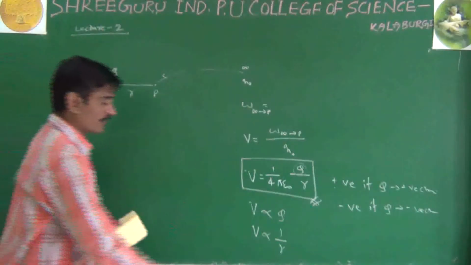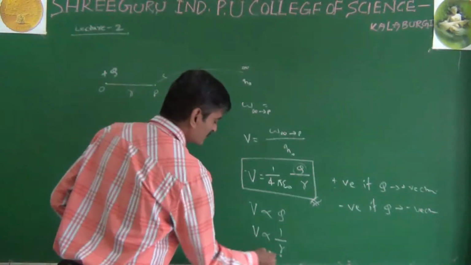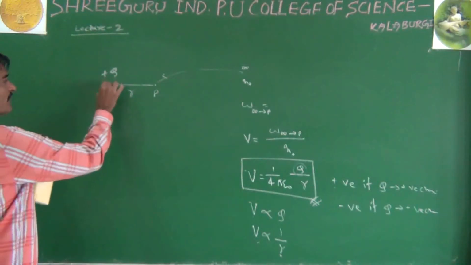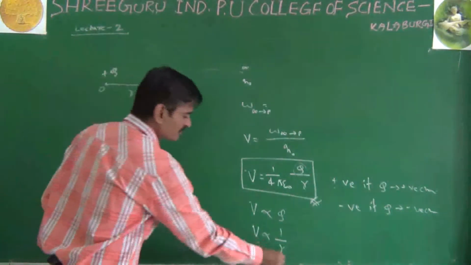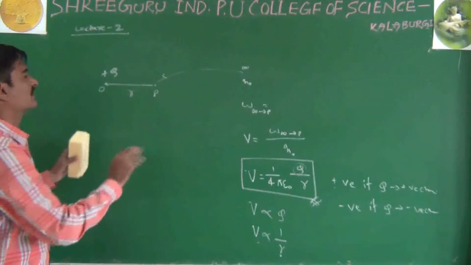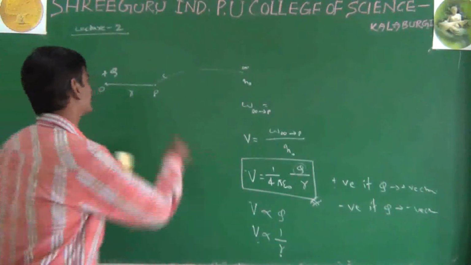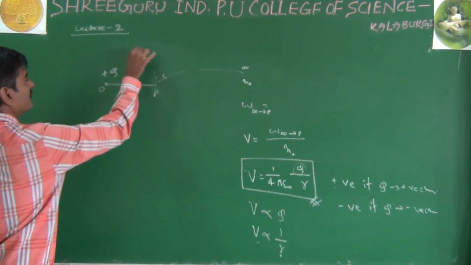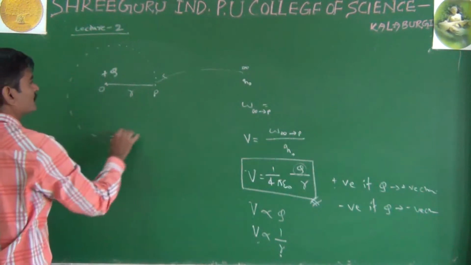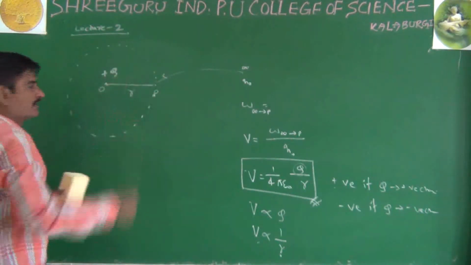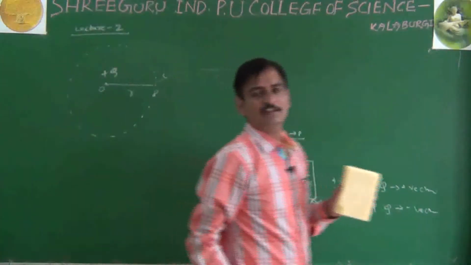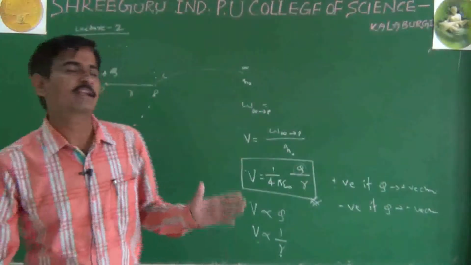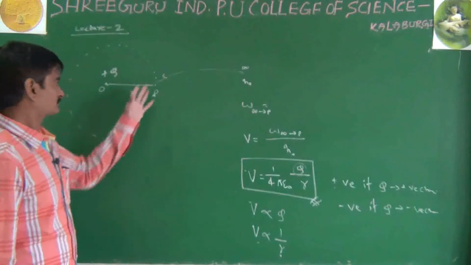And from that you have also understood that electric potential depends only on the distance for a given point charge. It depends only upon the distance and does not depend upon the direction. That is, if you take different points which are at the same distance, all those points will form a circle. So we have said that electric potential is spherically symmetric.